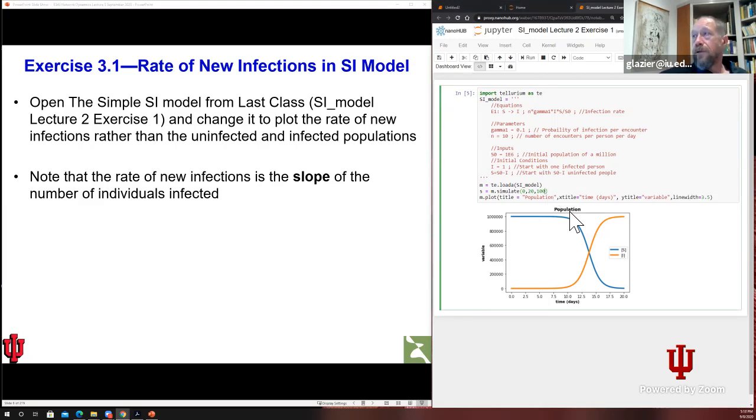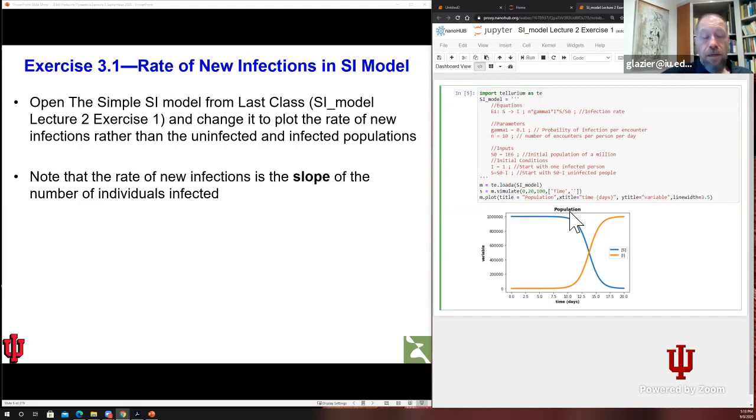So what I need to do is plot E1, and to do that, some of these things it's always good to look them up. You can always refer to the Tellurium documentation, which is very good. There are also those cheat sheets that I distributed. In the simulate function, I put in a pair of square brackets and then time, and then the names of the variables that I want to plot.